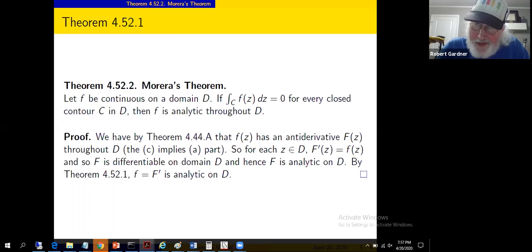We know capital F is infinitely differentiable, if you like, because we know that analytic functions are infinitely differentiable. That was the previous theorem that we had. So in particular, the second derivative of capital F exists, and so f is differentiable on domain D. That is, f is analytic on domain D.